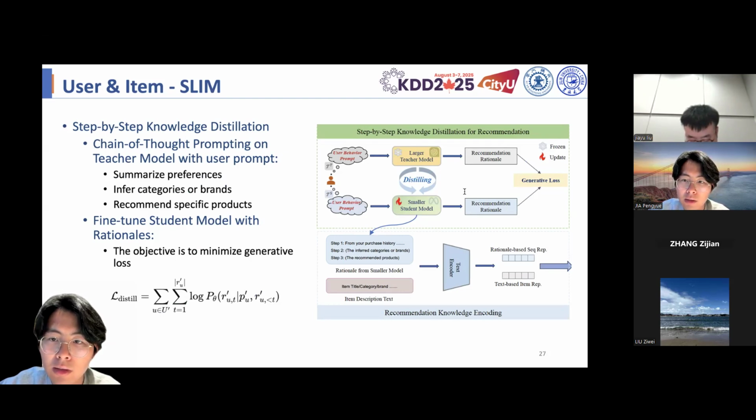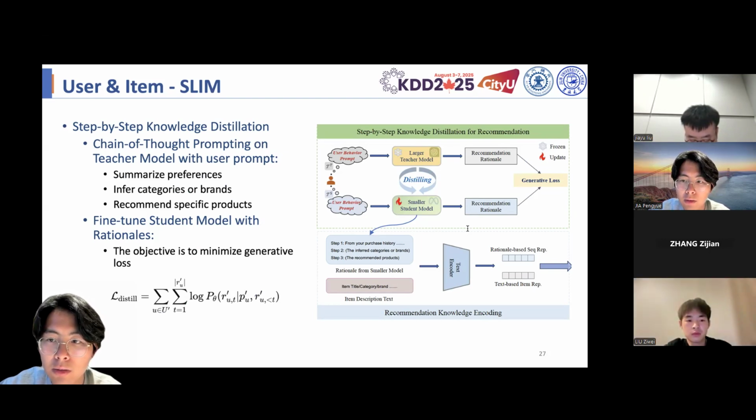These rationales are then used to fine-tune a much smaller student model. The authors adopt a simplified prompting template, and apply standard language modeling loss, as shown in the equation, to supervise the student model. And the student after training can generate similar reasoning steps, enabling lightweight deployment.